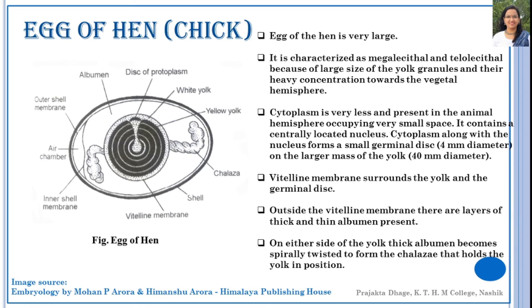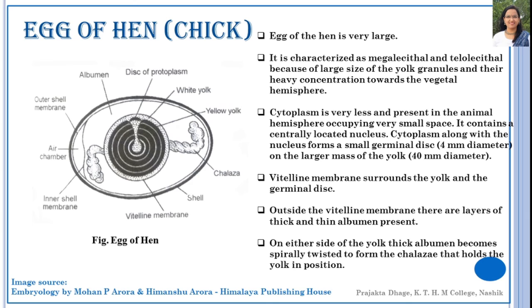The cytoplasm along with the nucleus forms a small germinal disc, which we also refer to as the blastodisc. It is 4 millimeters in diameter and is placed on a large mass of yolk. The ball of yolk is 40 mm in diameter, which is nearly 10 times more than the germinal disc.